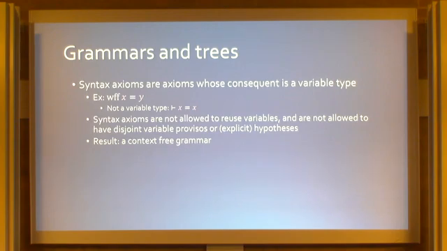So the way syntax is declared is through a statement like this. It says WFF x equals y, where x and y were previously declared as set variables. And so this is saying that whenever you substitute in something of sort set for x and y, then you get something of sort WFF.